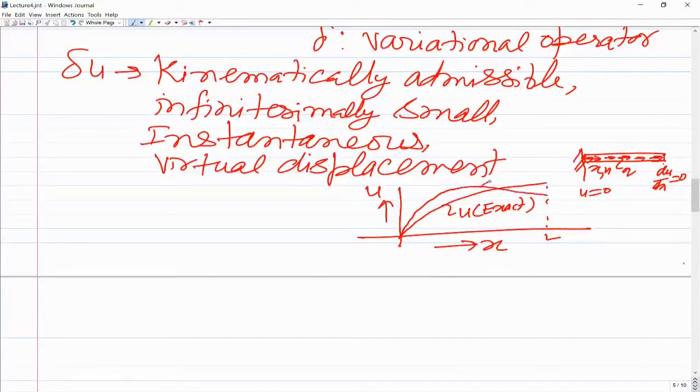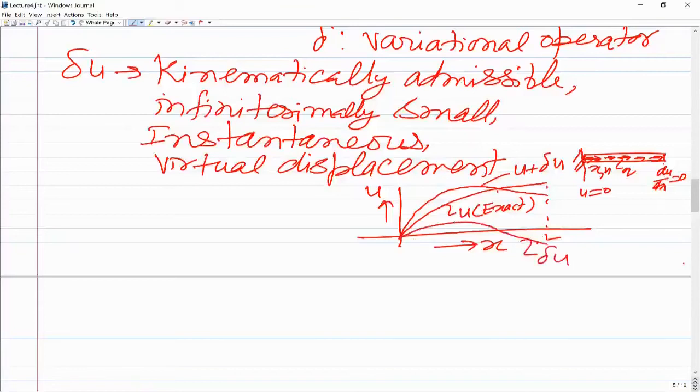This is your u plus delta u, where delta u is the virtual displacement. Virtual displacement means it is not a real displacement, it is a mathematical concept, and it is kinematically admissible. Now if I plot delta u, it is something like this. So this is your delta u.